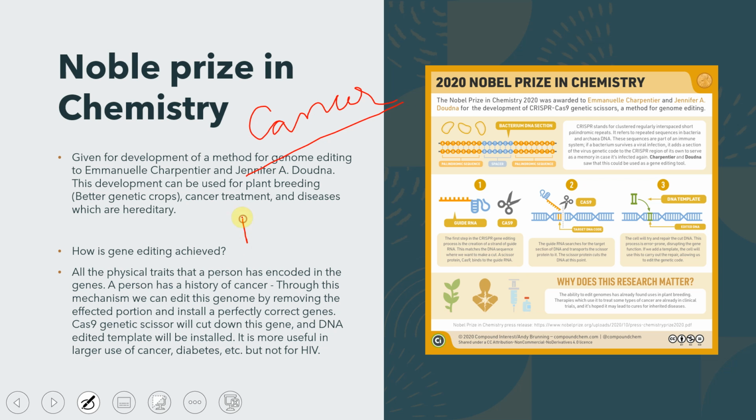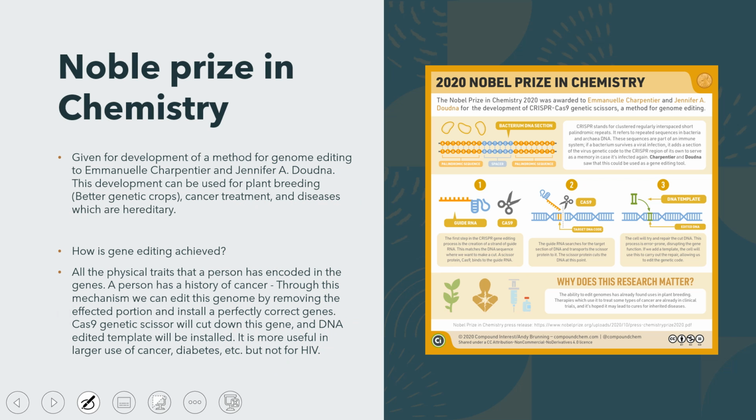Suppose person A and person B marry and have a child, and person A had suffered from cancer, then there is a higher probability that their child will also suffer from cancer. So that kind of alteration in the genes can be done so that the chance of cancer happening to their children is cut down. How this will happen, we will see in this lecture.